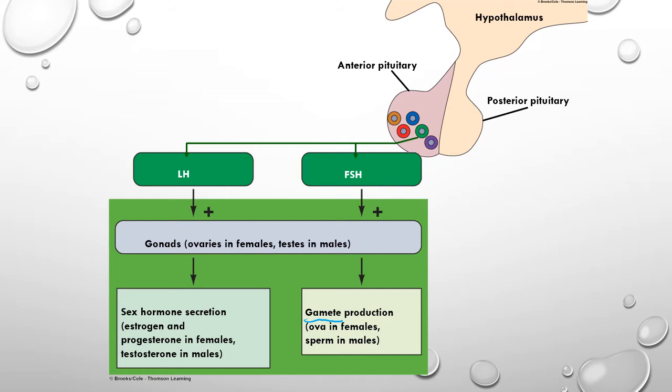And then luteinizing hormone, we think about the sex hormones. And so we have our estrogen, progesterone in females, we have testosterone in males. And so especially in females, luteinizing hormone and FSH are going to change kind of in their output. In males in general, luteinizing hormone and follicle stimulating hormone are going to stay relatively level as far as those go. We'll talk about those more when we get into reproduction.